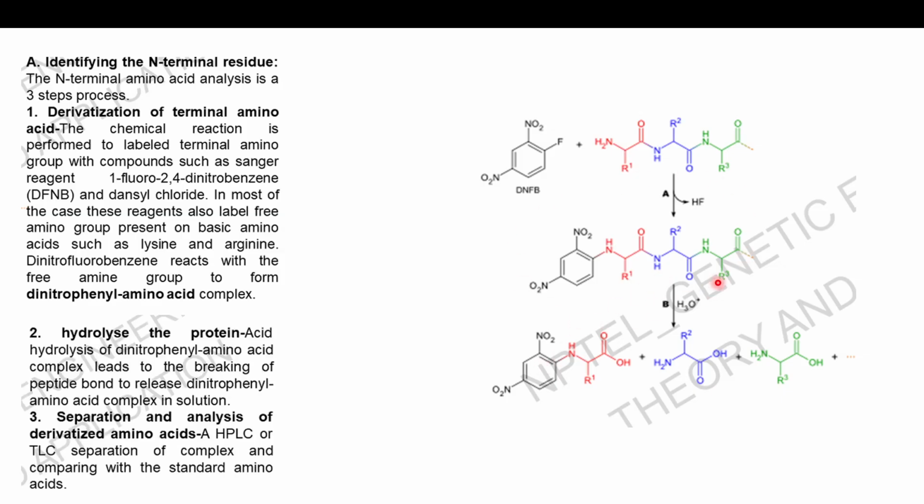And then finally hydrolysis takes place, mainly acid hydrolysis of this dinitrophenyl amino acid complex, and it breaks the peptide bond to release the dinitrophenyl amino acid in solution. Eventually all these separated products can be analyzed on a chromatographic column or on a TLC plate, basically via chromatography. One can eventually separate out these different spots. Okay.